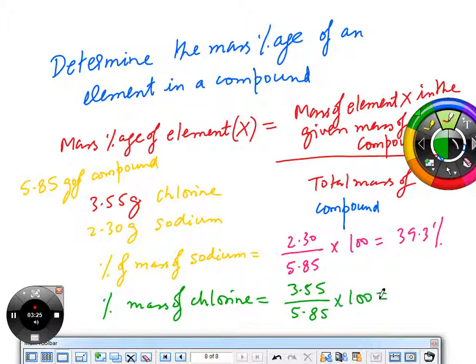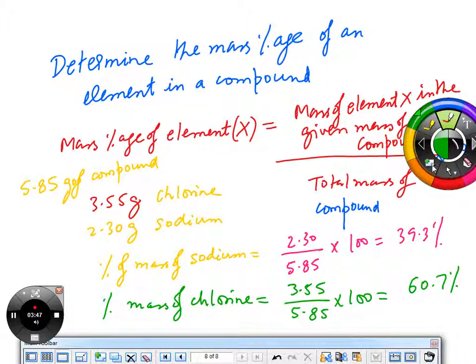Now you can calculate for this also. And that is 60.7%. Please note down.